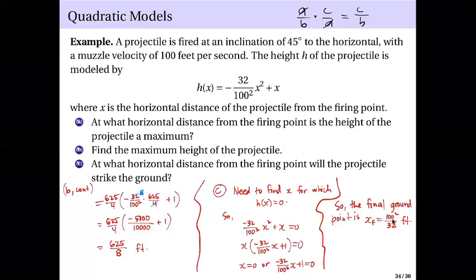You can reduce this to lowest terms. So 100 squared over 32 is just 625 over 2.